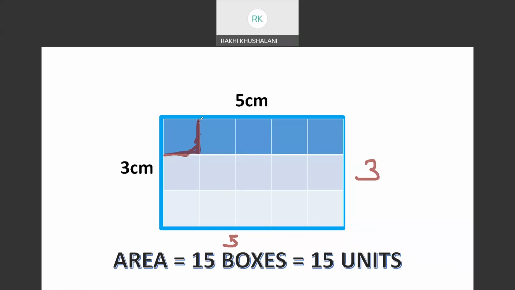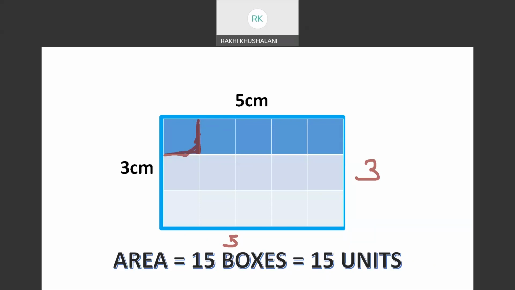Let's say I don't know the measurement of the squares. You know it very well that all 4 sides of a square are the same. So it can be 2 by 2, it can be 1 by 1, it can be 3 by 3. That is immaterial, right? We can just say unit.